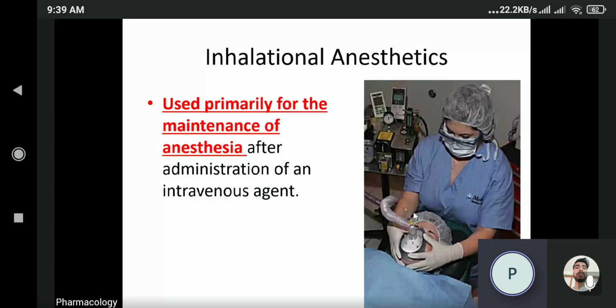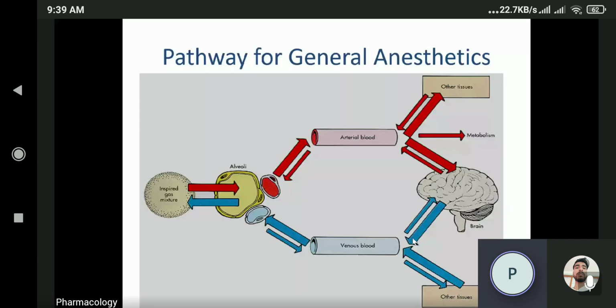Now, this is the general pathway for your inhalational group of general anesthetics. Okay, since these are in the form of volatile liquids or mainly gases, they will be inspired along with the inspired gas mixture, so they will reach the lungs. Okay, so this is the pathway followed.